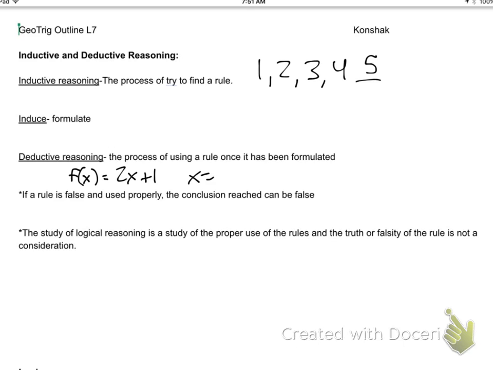If I said x equals 1, can you find y? Or f of 1? What's f of 1? Using the rule, it's 2 times 1 plus 1, which is 3. So I deductively use the rule to get 3.